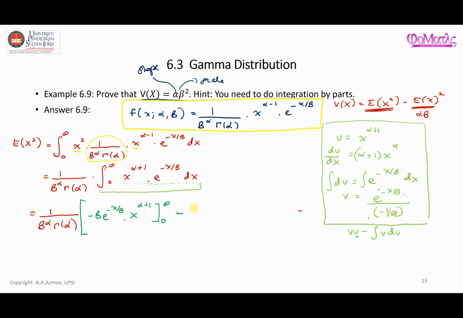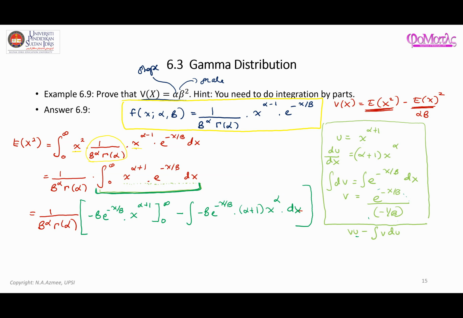Next we're going to minus the integral of v du. v is negative beta e to the negative x over beta, and du is this thing with dx, so we have alpha plus 1 times x to the alpha dx. That's the process related to this one here.